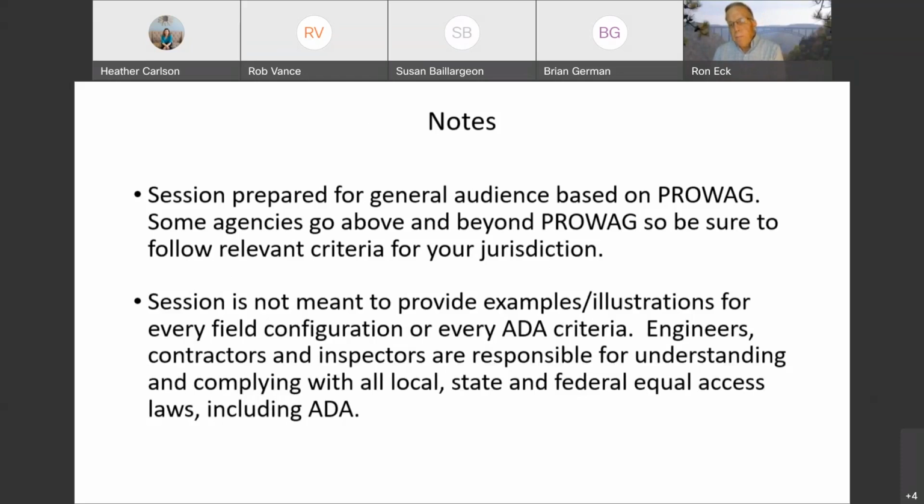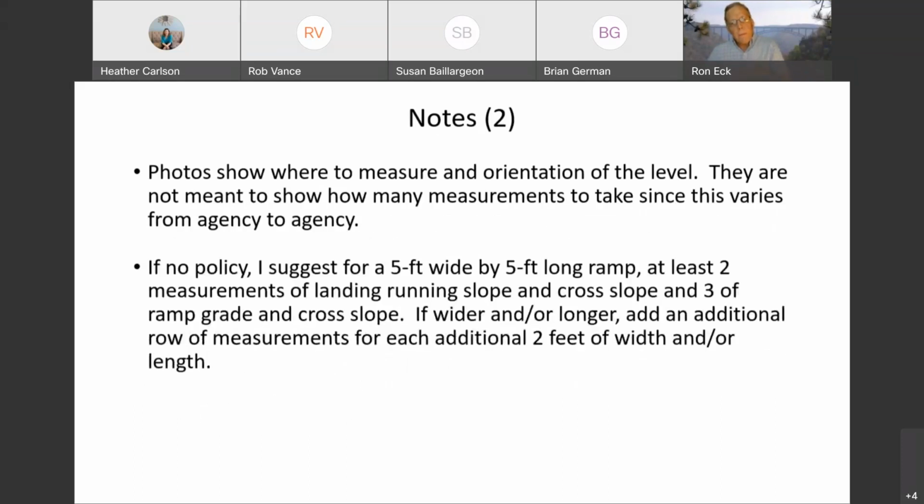Also, the session's not meant to provide examples or illustrations of every field configuration or every ADA criteria. The engineers, contractors, and inspectors are still responsible for understanding and complying with all local, state, and federal equal access laws, including ADA.